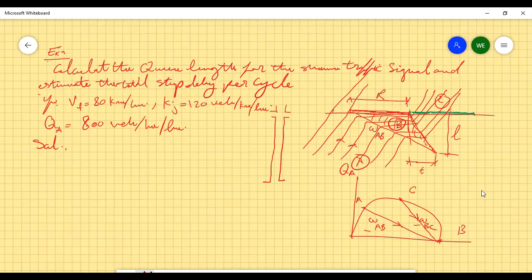So let's do our homework and calculate the KA and the different states. For QA equal 800, it equals VA multiply KA. Okay, what is the relationship? We are assuming the Greenshields model, linear model.